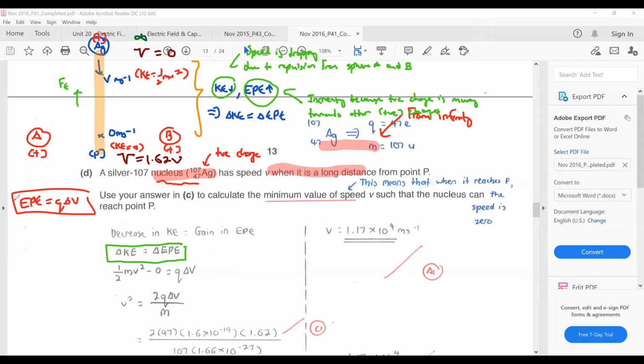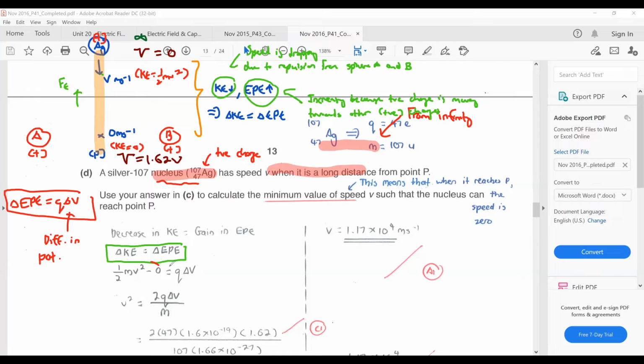Change in EPE between 2 points is actually the charge multiplied by the potential difference. Okay, this is difference in potential. So this one, change in KE is half mv squared minus 0. And then change in EPE is actually Q times delta V. Delta V here being my difference in potential, which is just 1.62. All right.